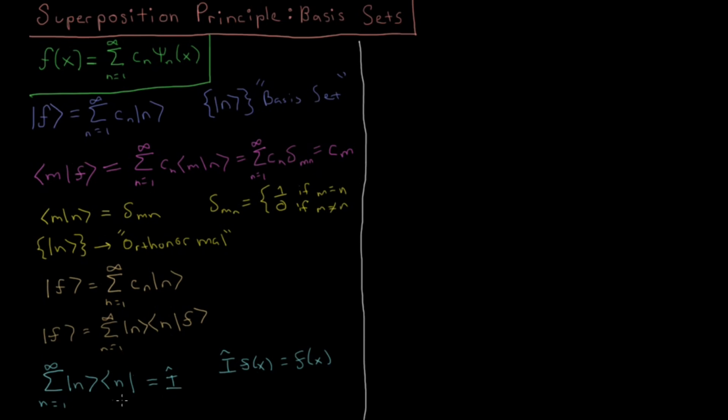Okay, and this type of operator here is something which you might hear referred to as a resolution of the identity. Identity, because the whole thing is equal to an identity operator, but the resolution refers to resolving this function f of x into what its coefficients are in the basis of these eigenfunctions.